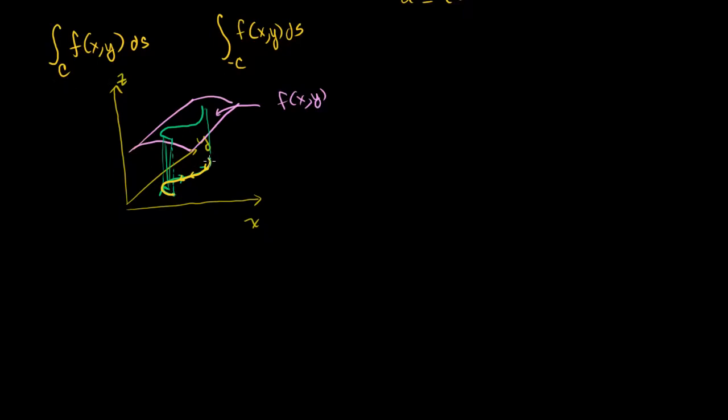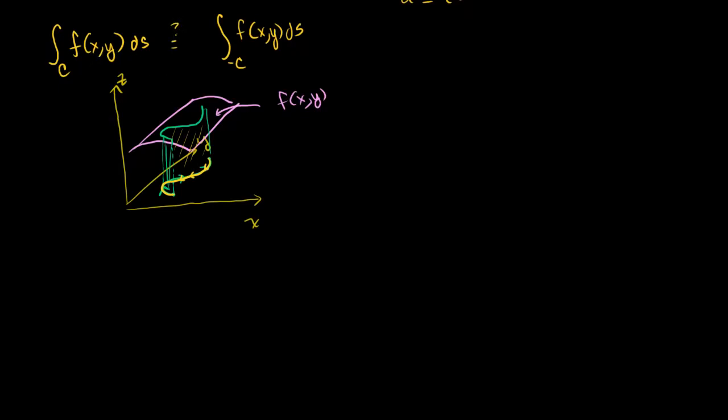So in either case, I'm going to try to figure out the area of this curved piece of paper. So my intuition tells me that either of these is going to give me the area of this curved piece of paper, so maybe they should be equal to each other. I haven't proved anything rigorously yet, but it seems that they should be equal.